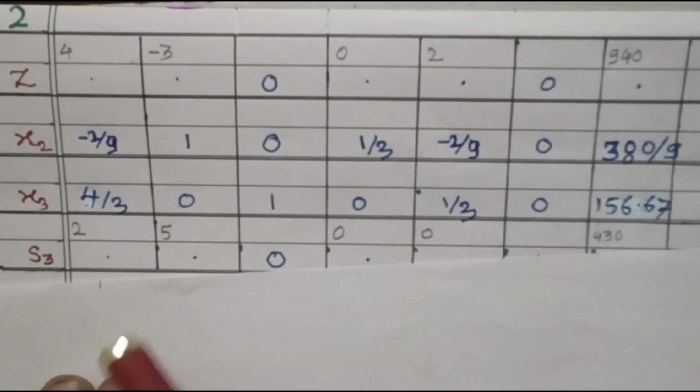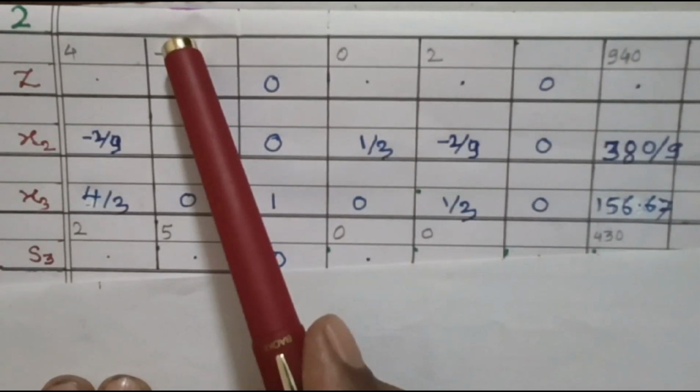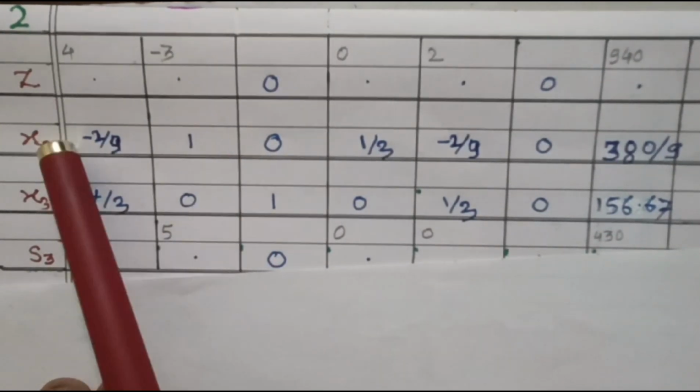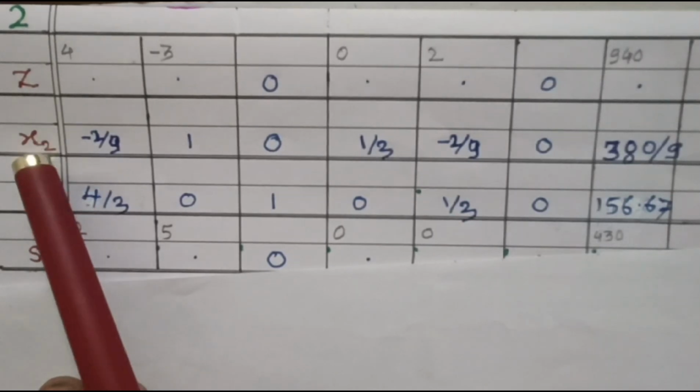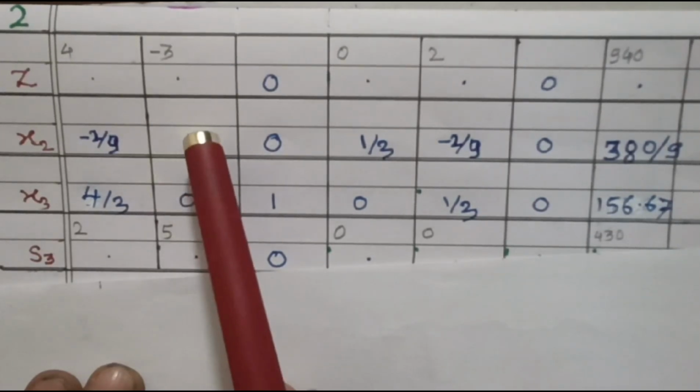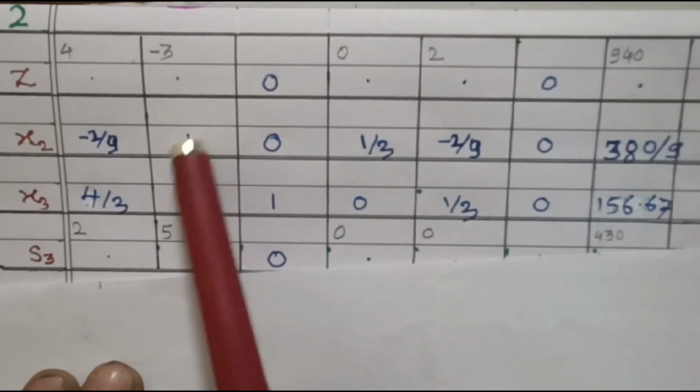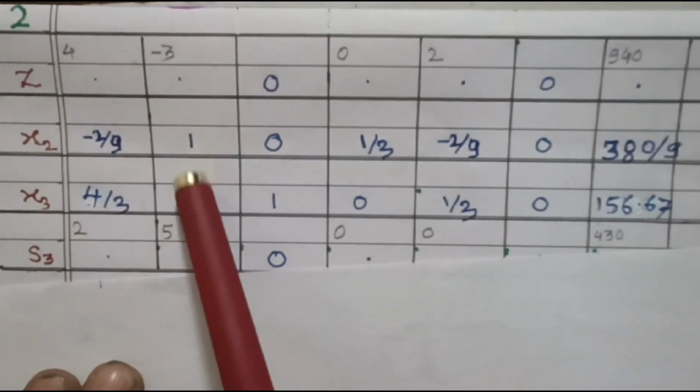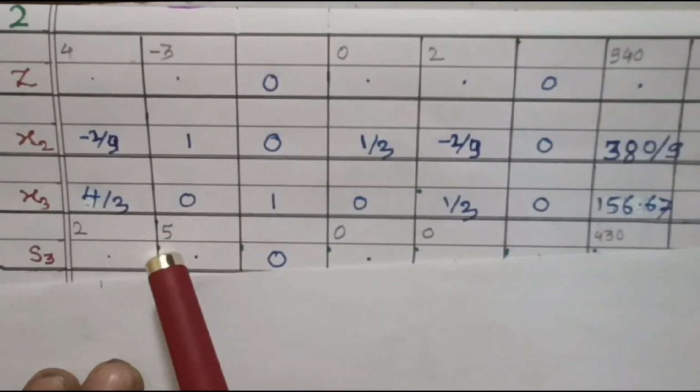Okay. Now in the first iteration, the x2 column was the key column and the s1 row was the key row. Slack variable s1 is replaced by decision variable x2, and in the first iteration the key element was 3. So dividing 3 by 3 itself, we get 1 here. Now in this column we want all remaining elements to be 0 except this.